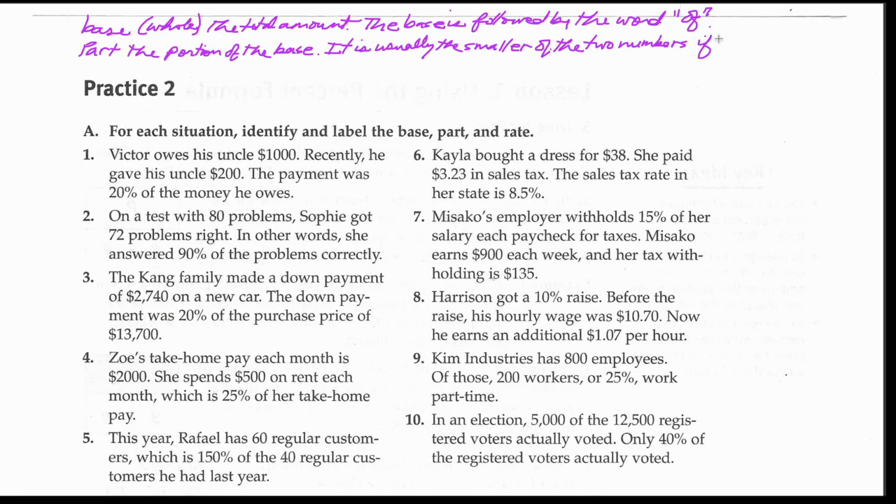If the rate or the percent is less than 100%, then the part is usually the smaller of the two numbers.